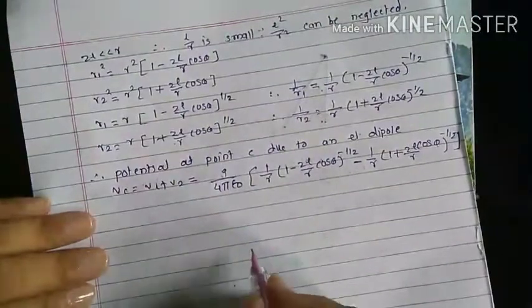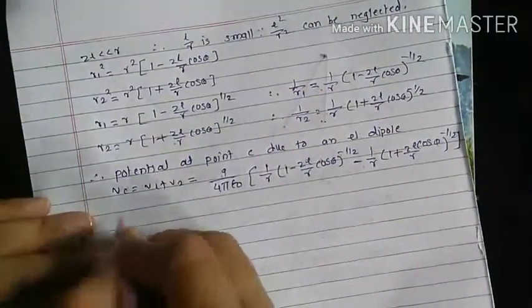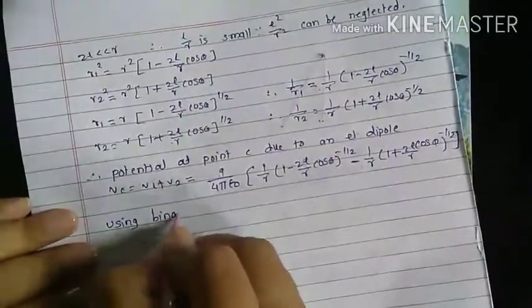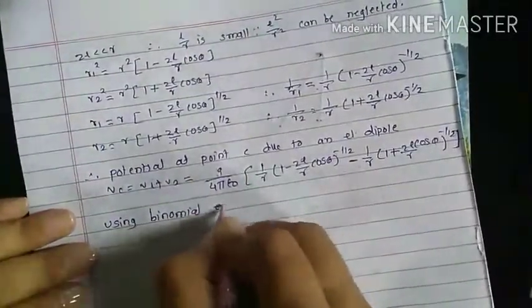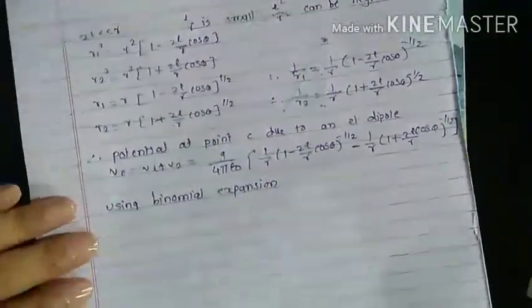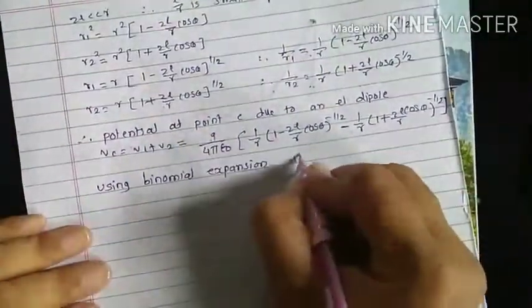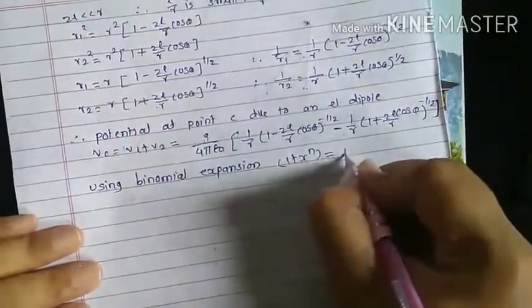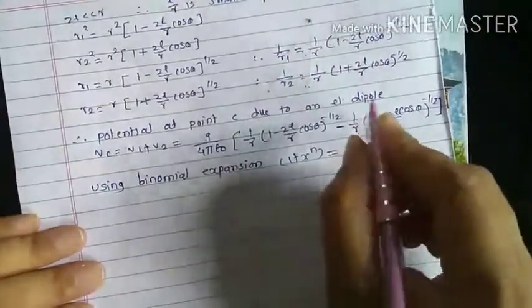Now, using binomial expansion, we know that 1 plus x raised to n is equal to 1 plus nx.